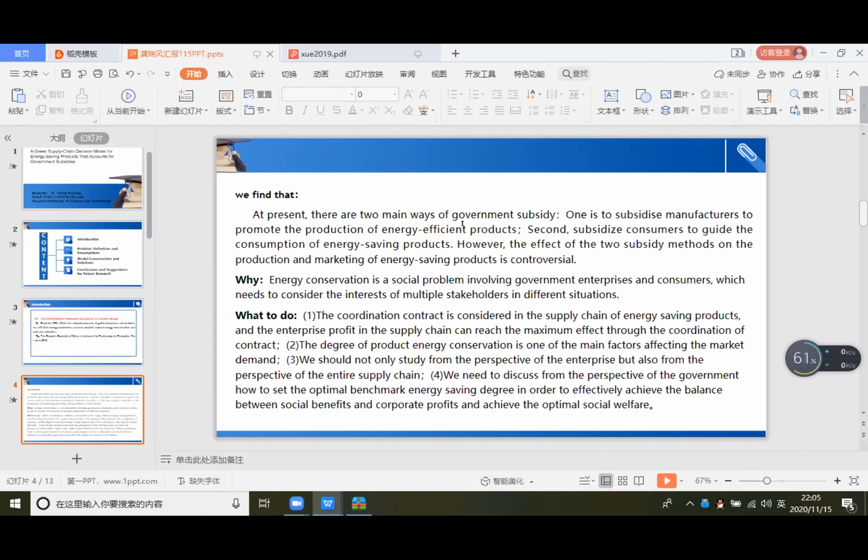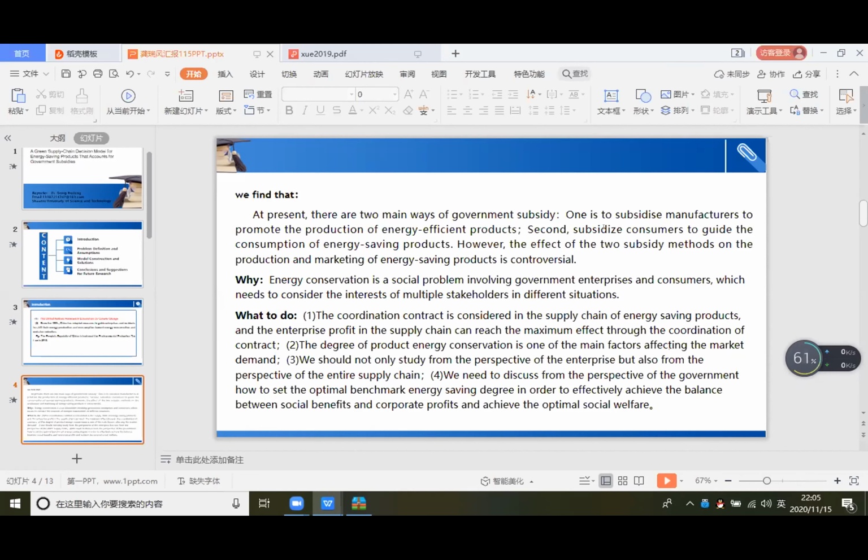So we found there are two main ways of government subsidies. One is to subsidize manufacturers to promote the production of energy-efficient products. Second, to subsidize consumers to guide the consumption of energy-saving products.